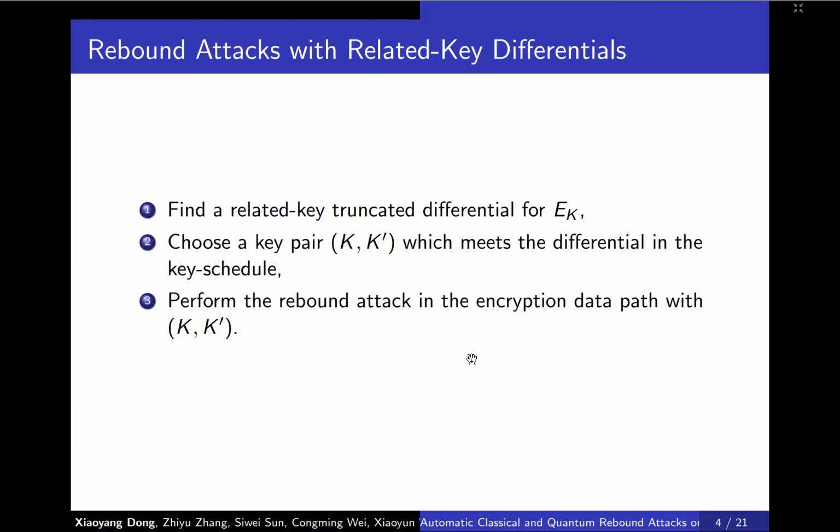In the related-key setting, we first find a related-key truncated differential for E_K and choose a pair, K and K dot, which means the differential in the key schedule, and perform the rebound attack in the encryption data path with K and K dot.